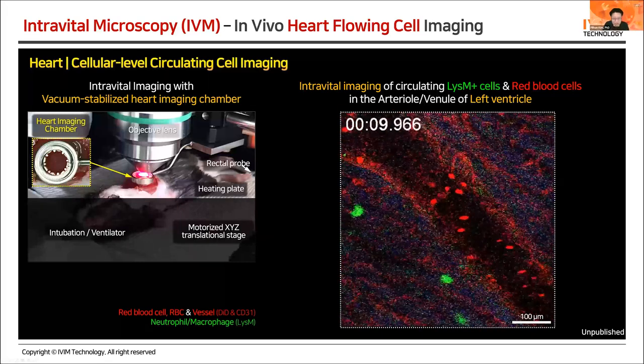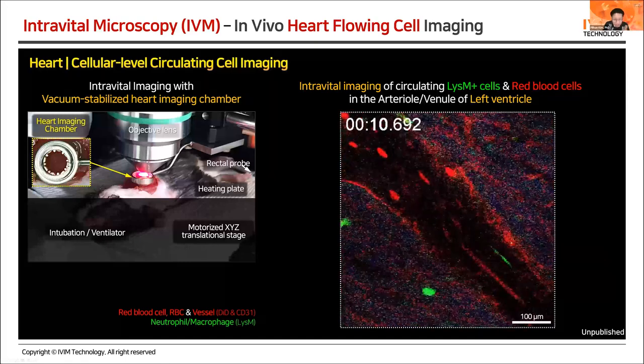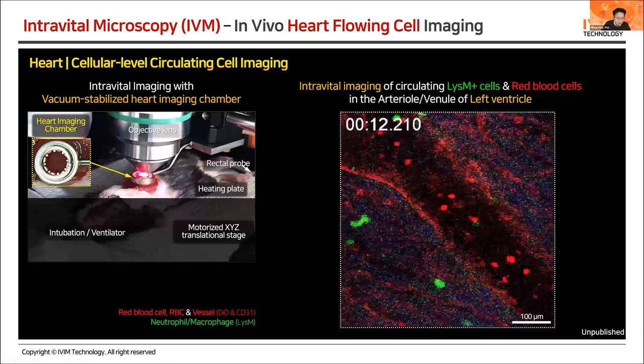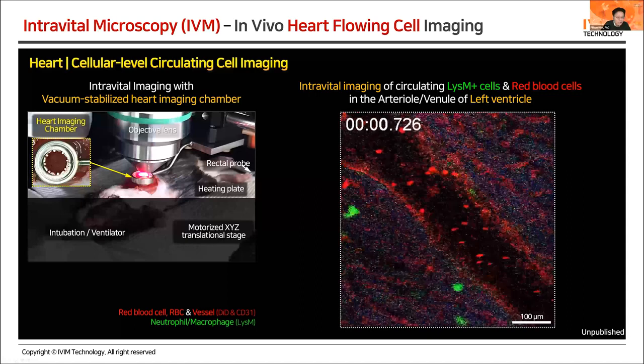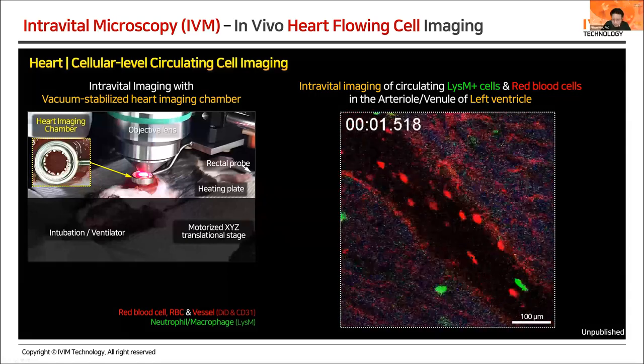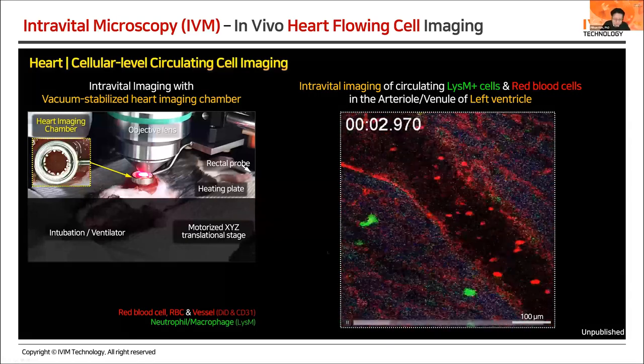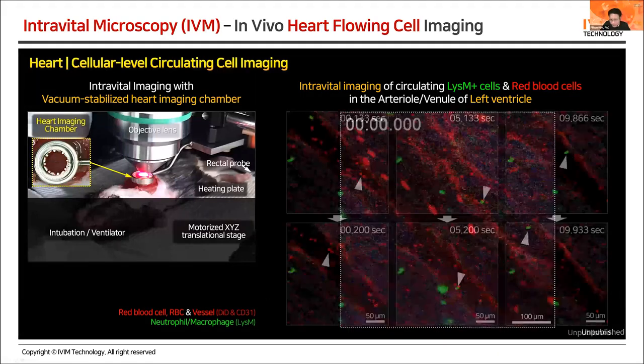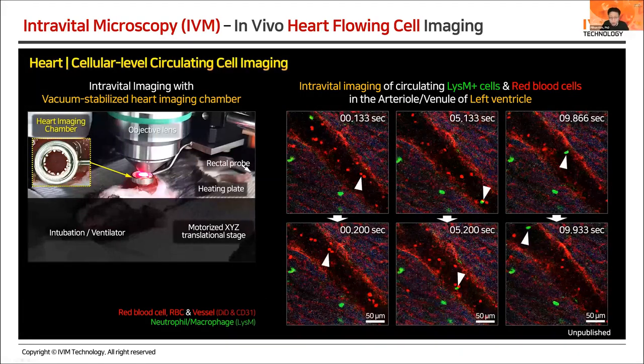The heart is still actively beating. We just stabilize a small portion of the heart, and then we can acquire this real-time video at the cellular level. So we can track the flow of individual single red blood cells and also lysin-positive leukocytes inside the vessel.